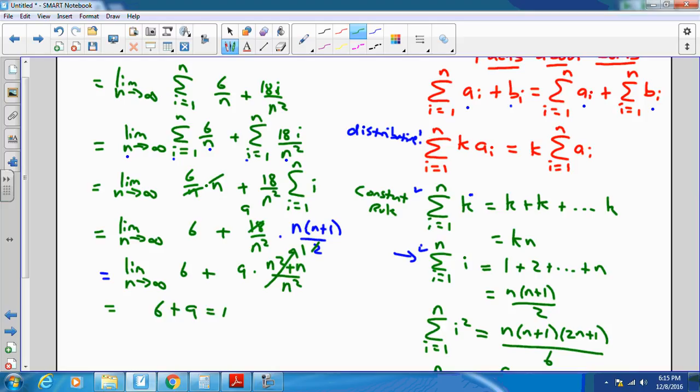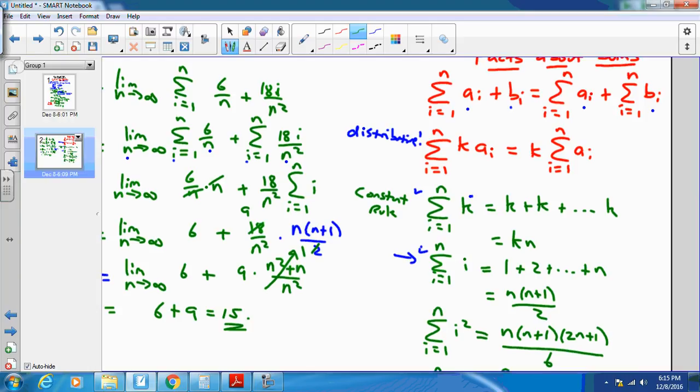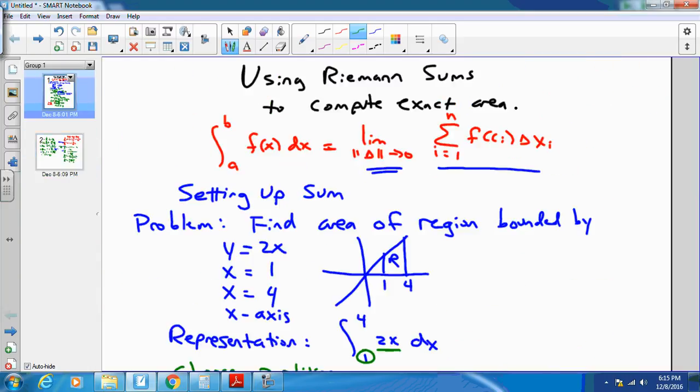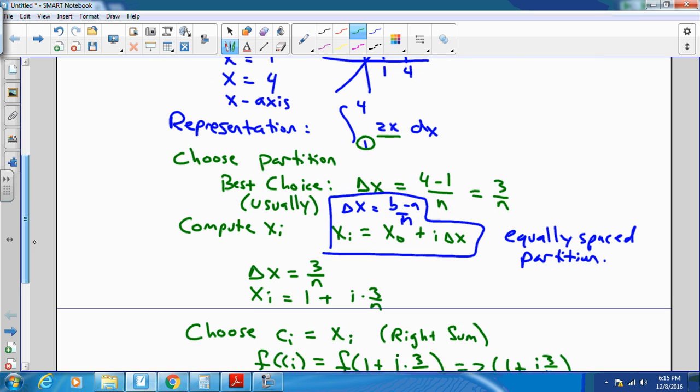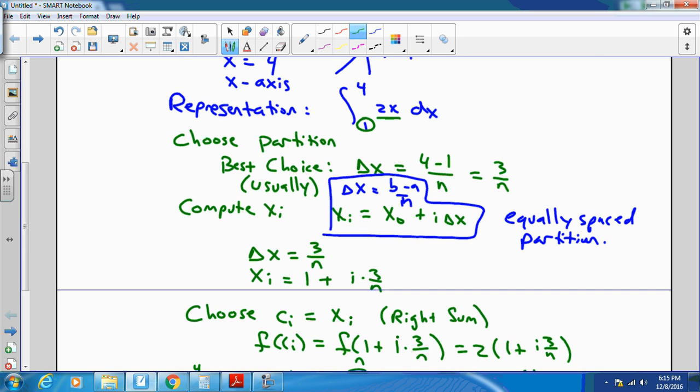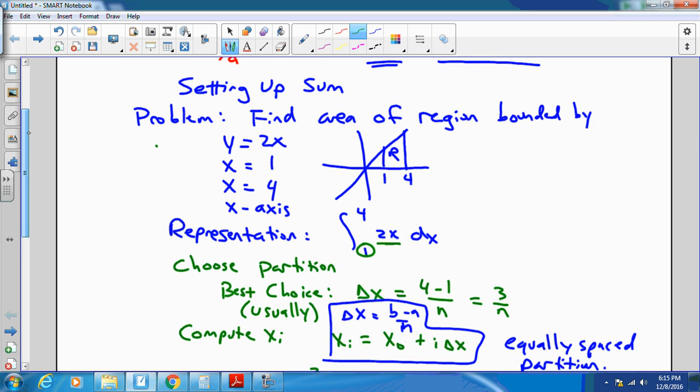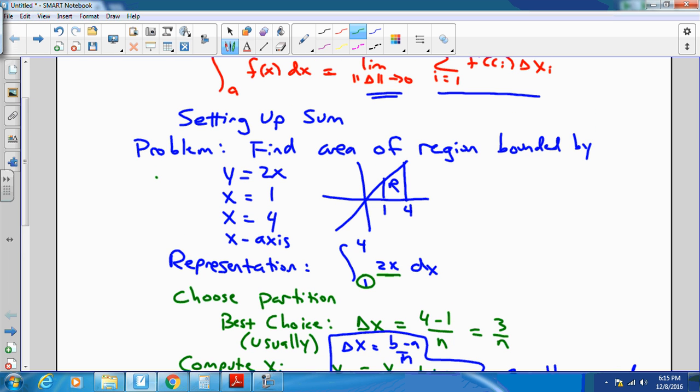And it's pretty clear to see, using n models, that this limit is going to go to 1. So that when the dust settles, I get 6 plus 9, which is 15. And this is an exact value of the area of the region under the curve.